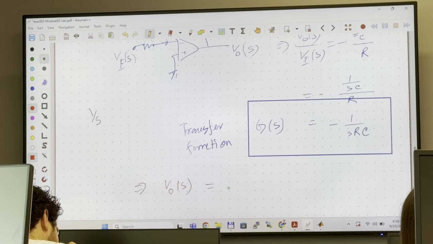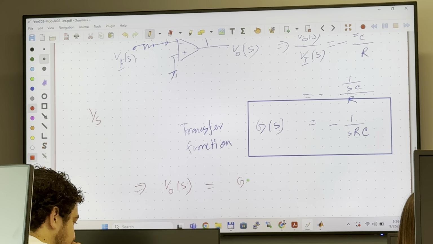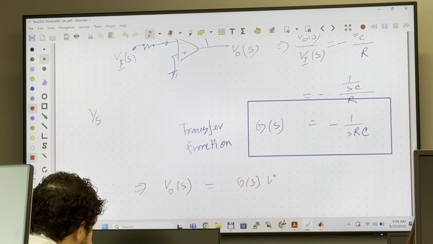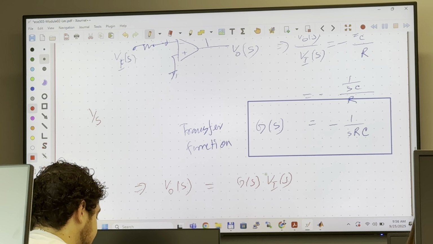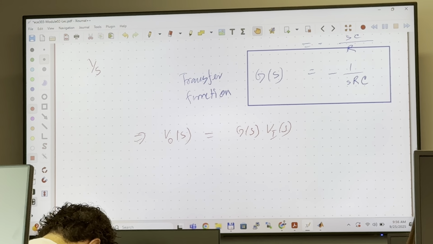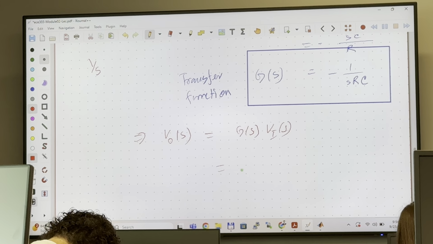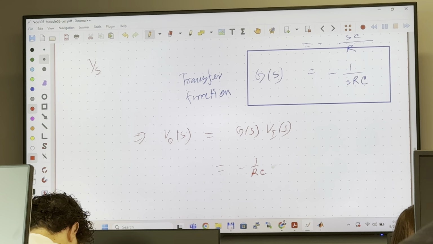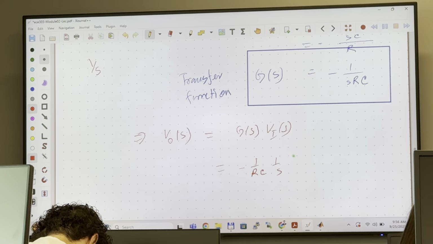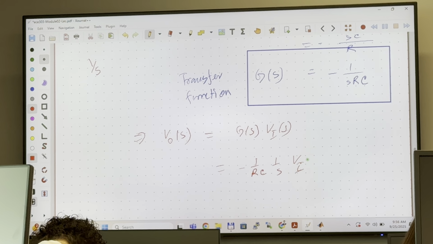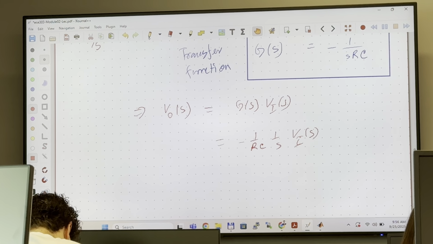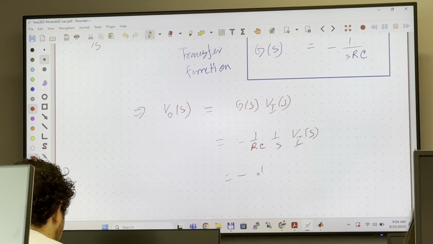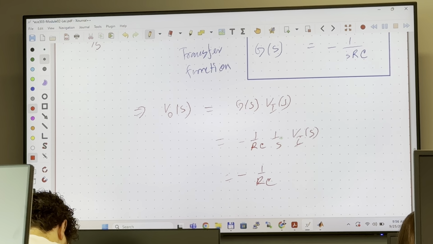V out of S is going to be G of S times V input of S. So what you see here is negative 1/RC, and then 1/S, and then Vi of S. Now this is an integration operator, so negative 1/RC, you can think of this as an integrator.